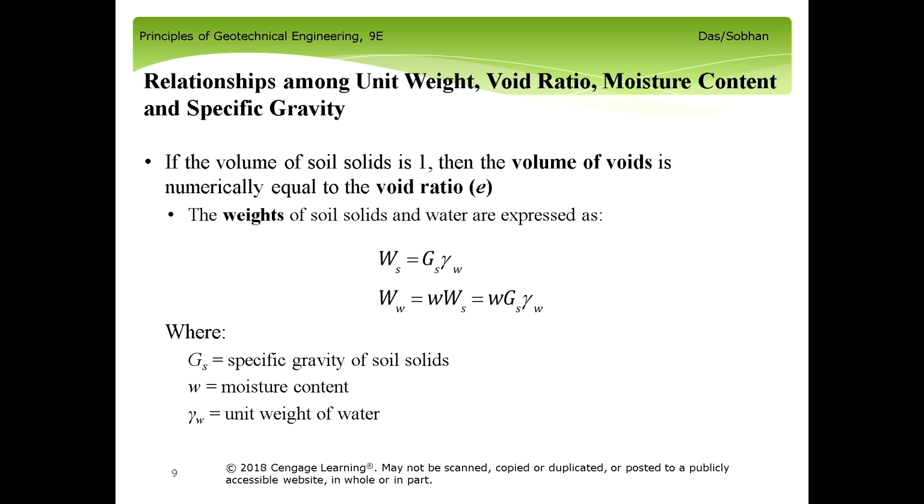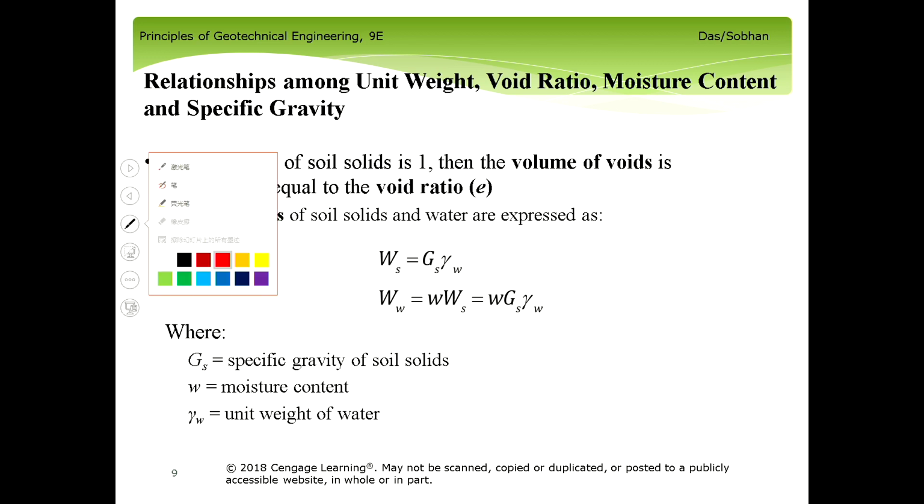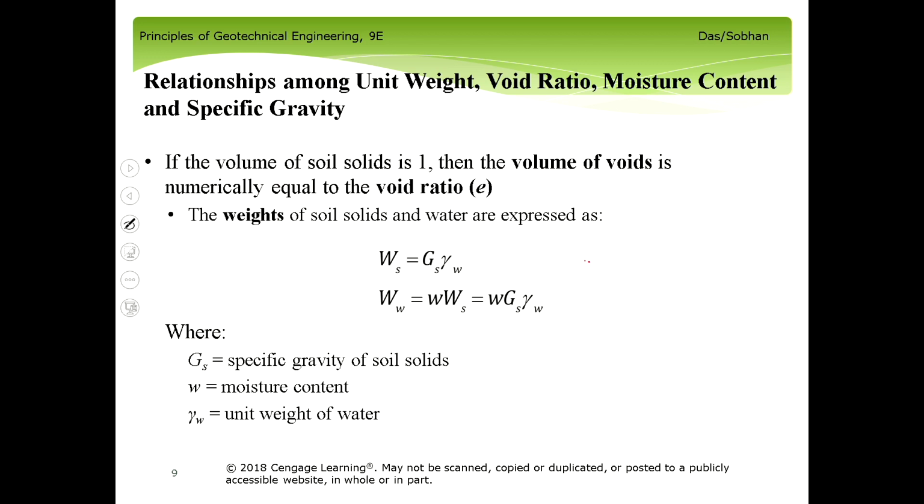So when the solid volume is 1, what is the void ratio? This is the original definition for void ratio. And if we want to derive some relationship between volume and weight, in most cases we want to simplify the problem, and we take this to be 1.